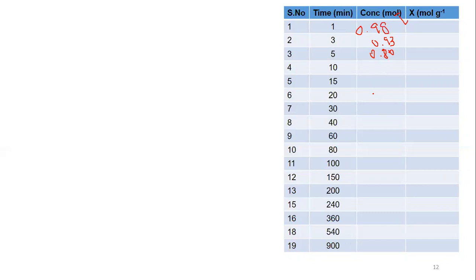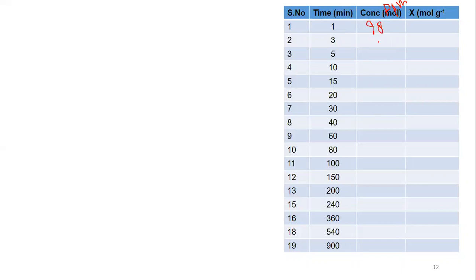And here I find out that my initial concentration was 100 ppm, or you can just consider ppm here also, then it will be quite easy. Okay, so if I just take ppm here, it's quite easy to understand. So initially it was 100 ppm, so now it is 98 ppm.